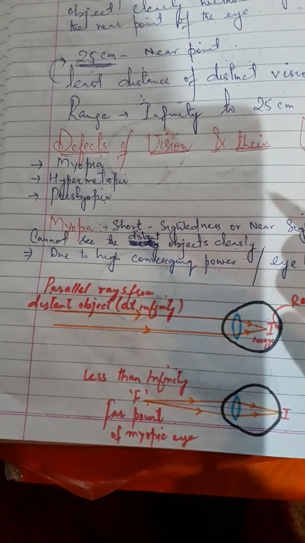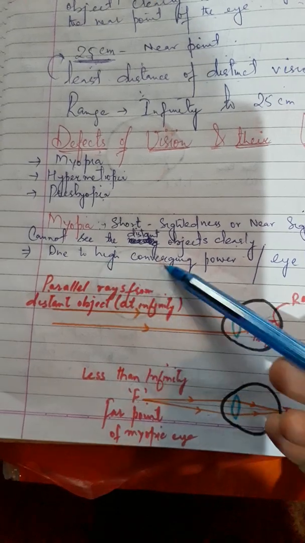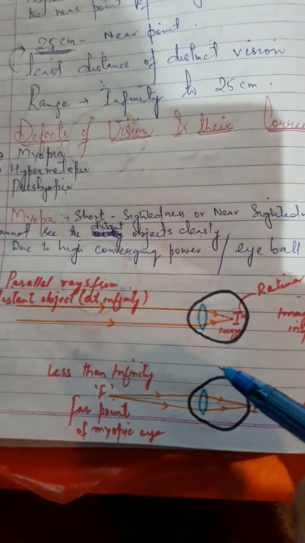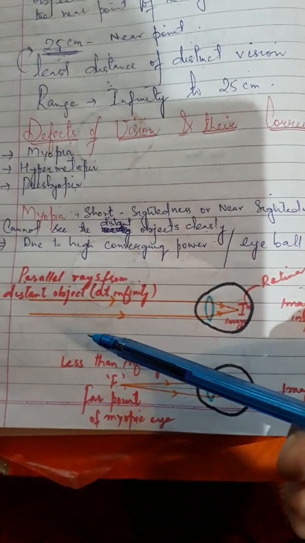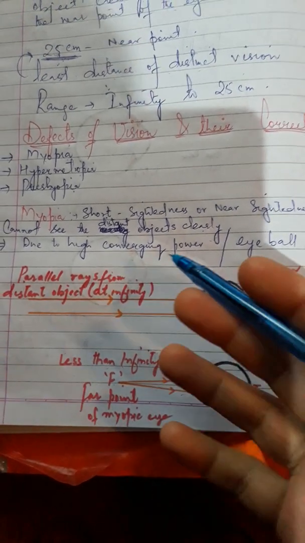This defect of eye is caused due to either high converging power of the eye lens or due to the eyeball being too long. In some cases, in an eye suffering from myopia, the ciliary muscles attached to the eye do not relax.